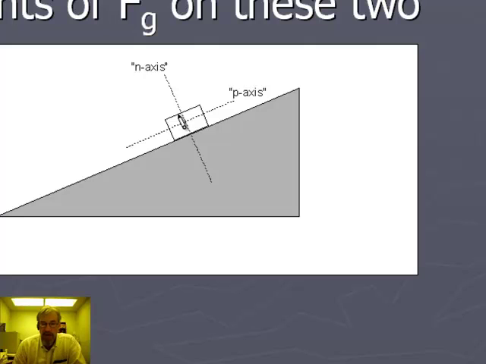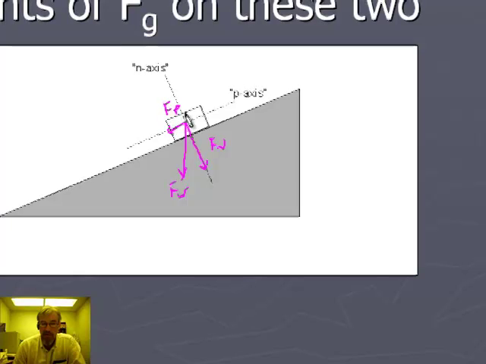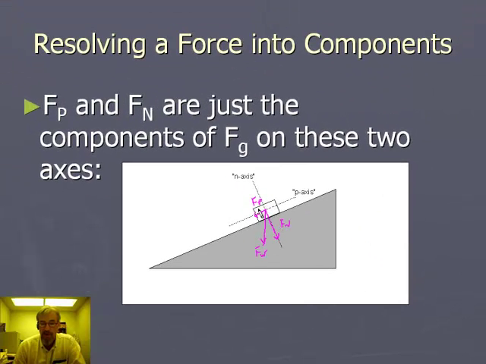So when we do that, we find that our weight, Fw, is just equal to this vector, which turns out to be our normal force, and this vector here, which is our parallel force. They're just the components of Fg on these two axes.